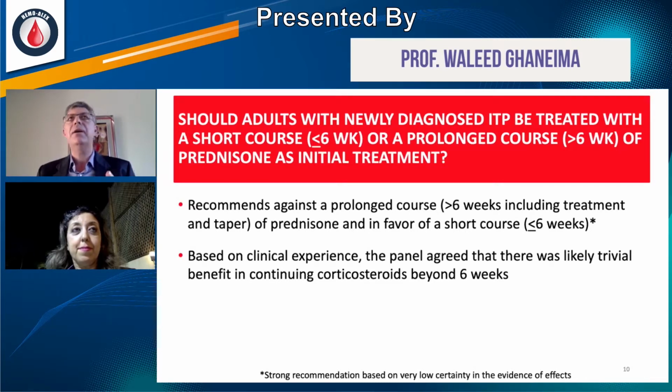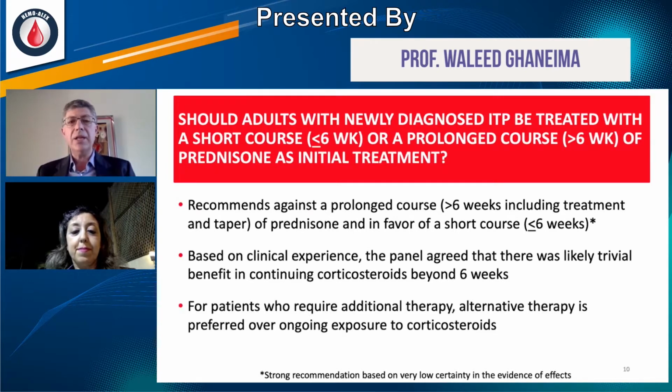So the benefit from continuing corticosteroids is marginal beyond 6 weeks, and also we have good treatments now, so we don't have to expose our patients to steroids for a long period. And then finally, they said that if your patient requires additional therapy, not responding by 6 to 8 weeks, use another treatment rather than continuing.